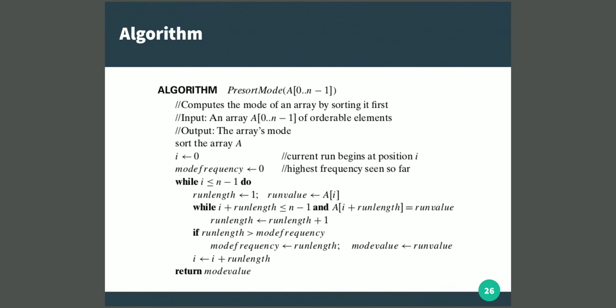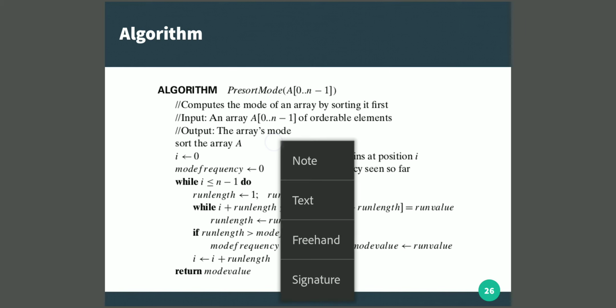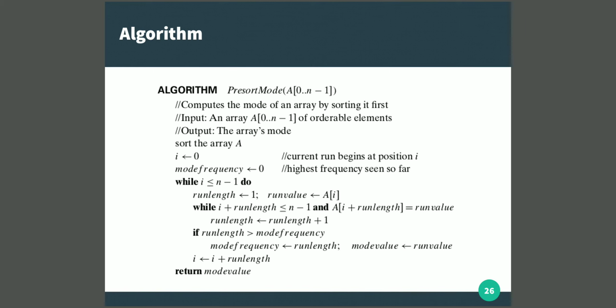Let's look into the algorithm here. This algorithm takes an array A of orderable elements and determines the mode of the array. The first part in the algorithm is to sort the array, the transform phase.